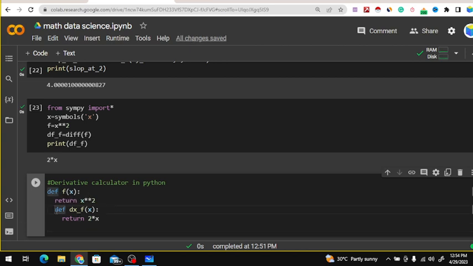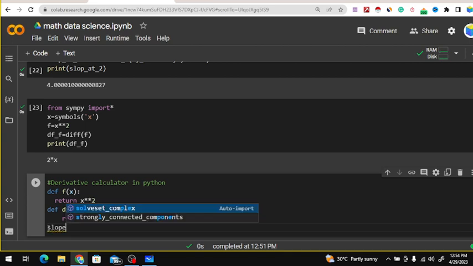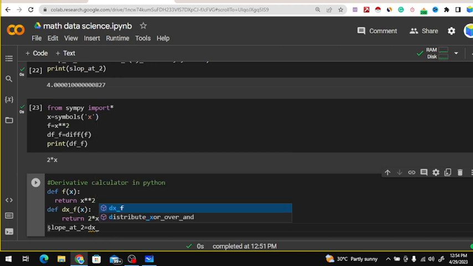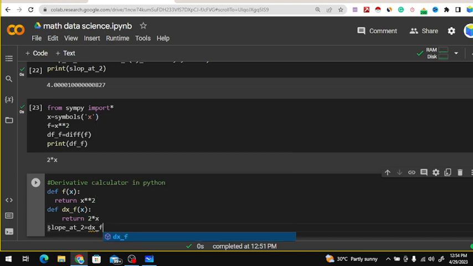Okay, it's a diff. Should we go back? The slope at the rate of, let's go, 2 should be equal to dx_f(2.0).